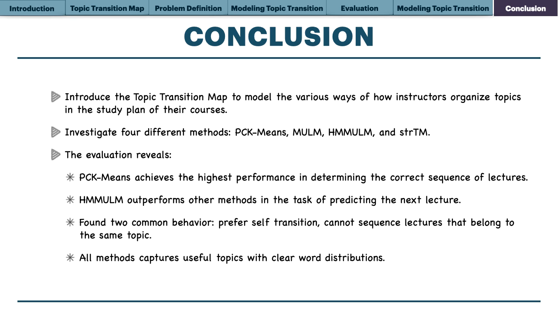Our evaluation reveals that PCK-means achieves the highest performance in determining the correct sequence of lectures. The hidden Markov mixture model outperforms other methods in the task of predicting the next lectures. And all methods capture useful topics with clear word distributions, with PCK-means having extracted more meaningful topics with the best word distributions. So this is all I have, and thank you.